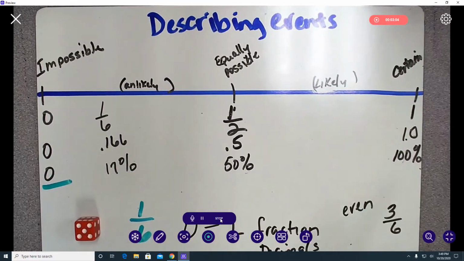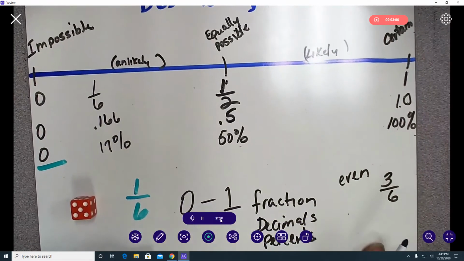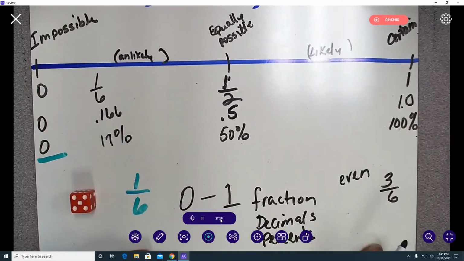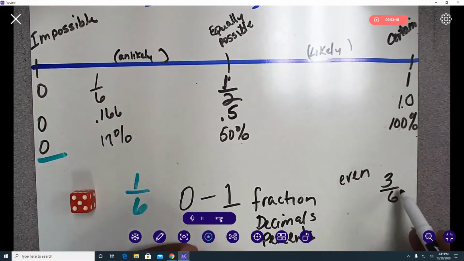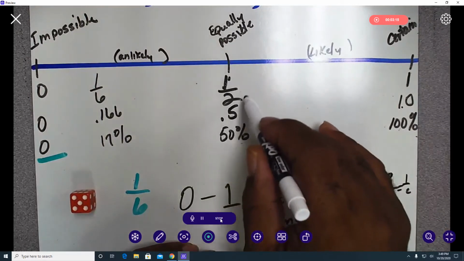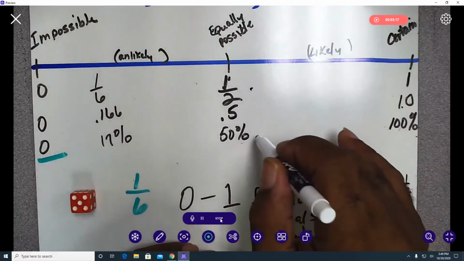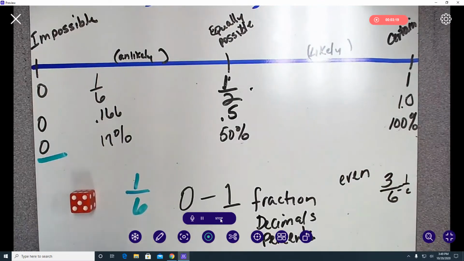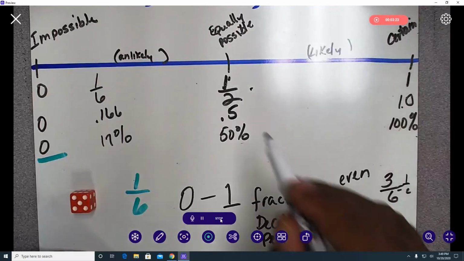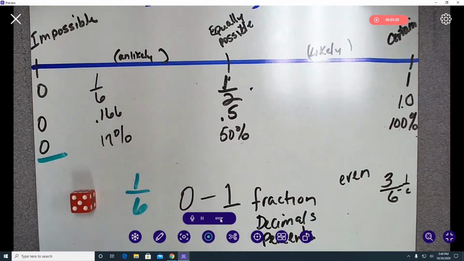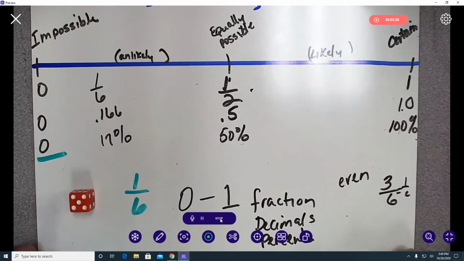So the probability of rolling an even number with the same die, 3 over 6, simplified equals 1/2, would be here. It would be 1/2 or 0.5 or 50%. Those all represent the same number. So it's equally possible to roll an even number as it is to roll an odd number, because it's 50%.